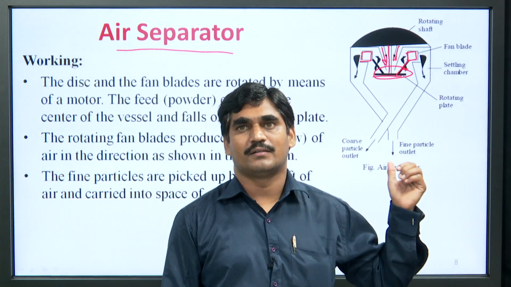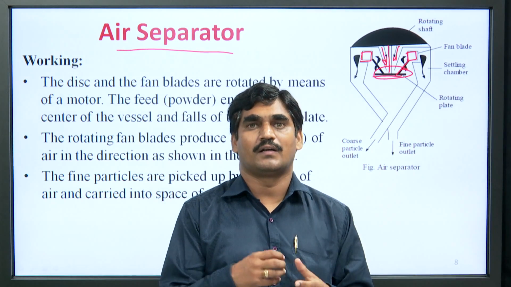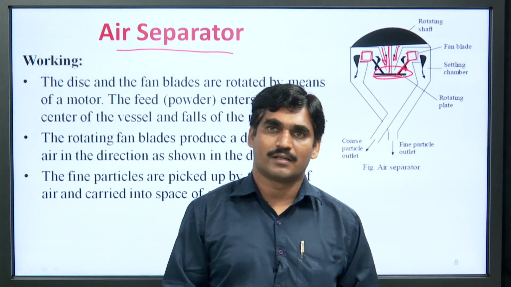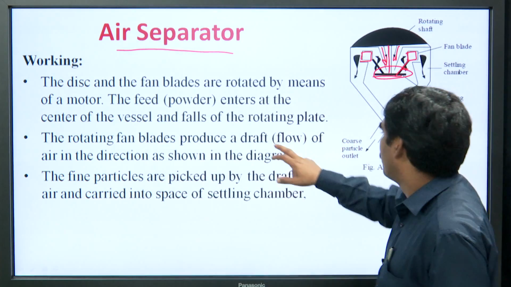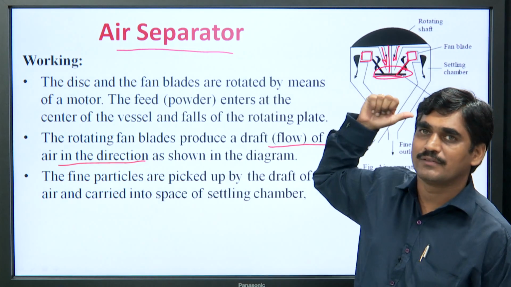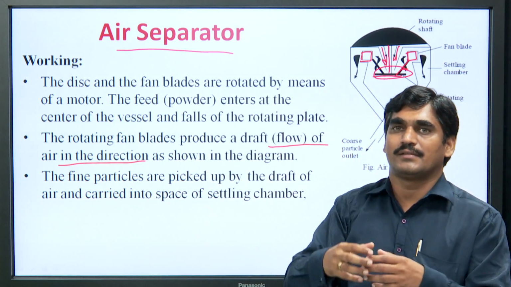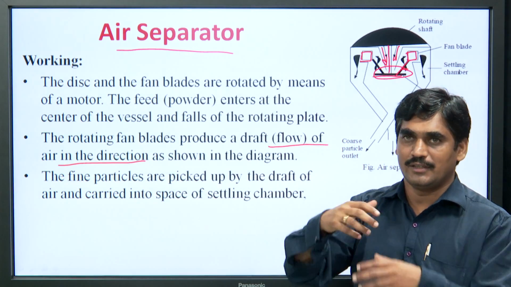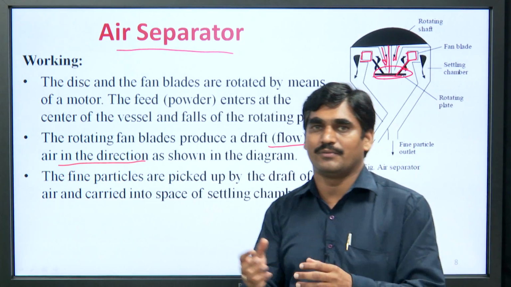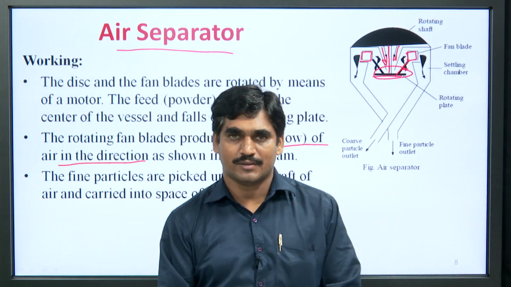The rotating fan blades produce a draft of air. Draft of air means flow of air in the direction as shown in the diagram. As soon as the fan blades move, they produce a flow of air. Due to this the particles get separated.